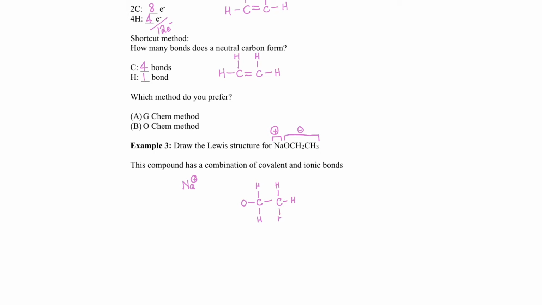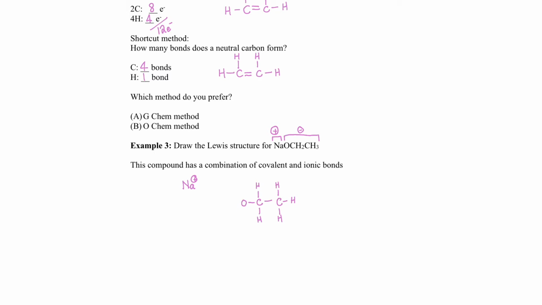And right now, as the molecule currently stands, we see that both carbons have octet, right? And the oxygen right now only has 1 bond. So a neutral oxygen has 2 bonds. So it kind of tells us that maybe this negative charge is supposed to go onto the oxygen. Let's first try to calculate the formal charge for the oxygen.